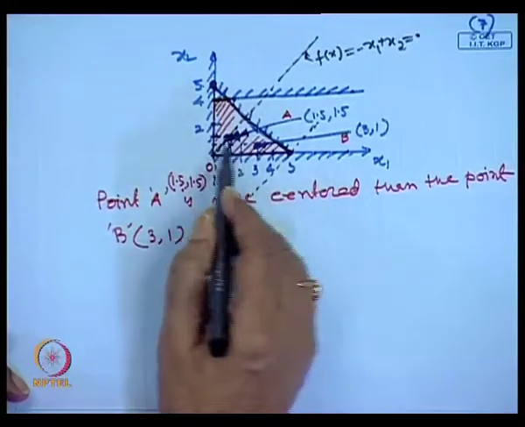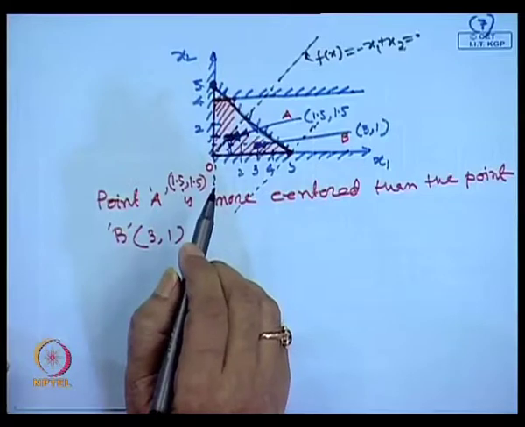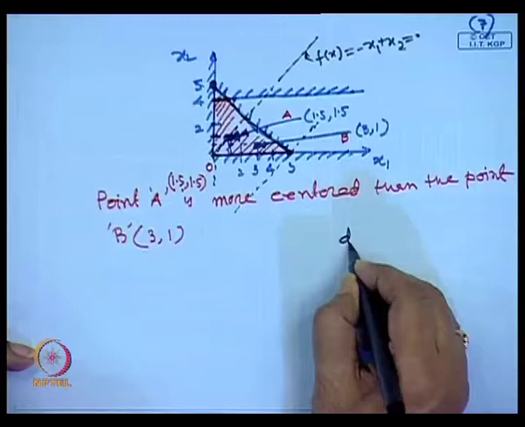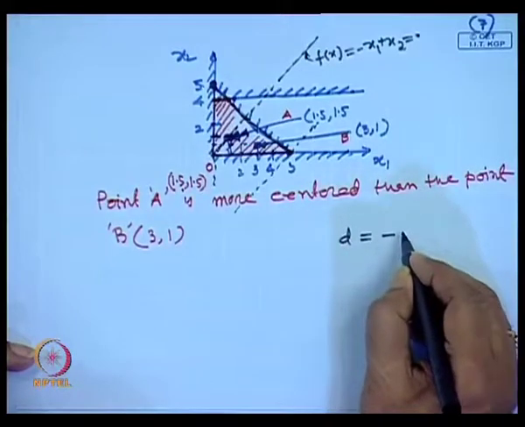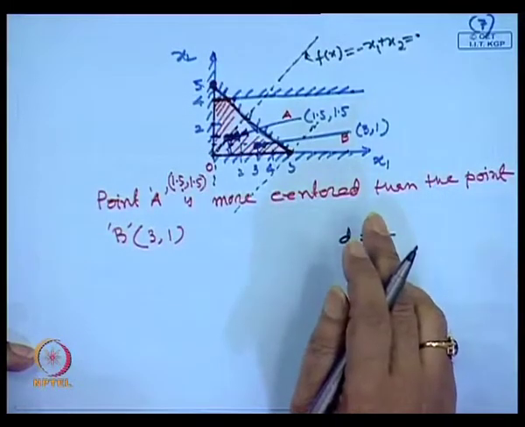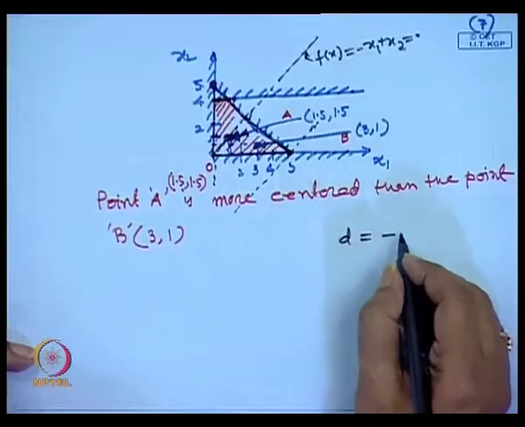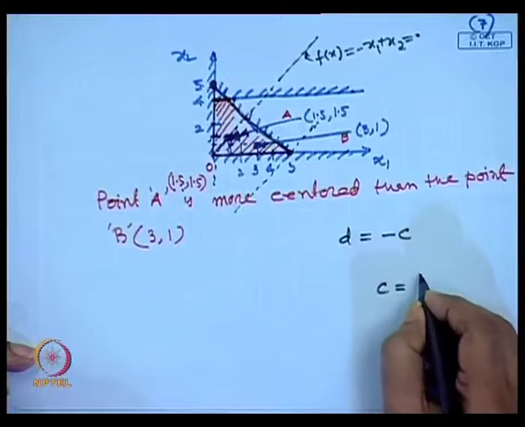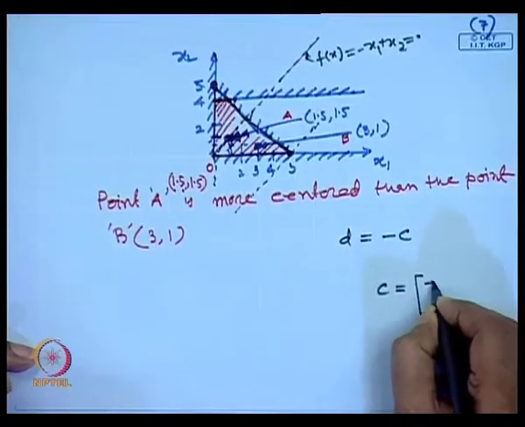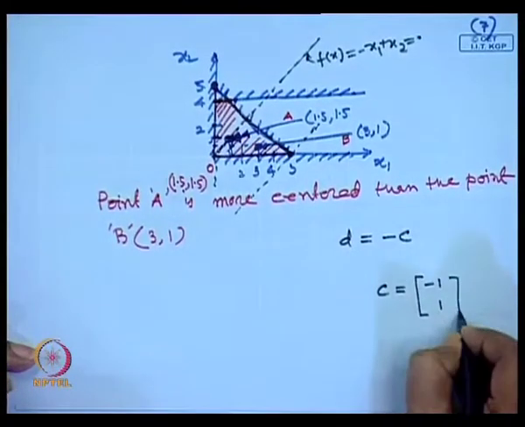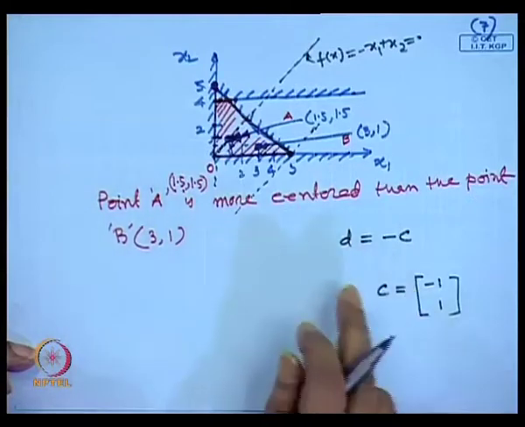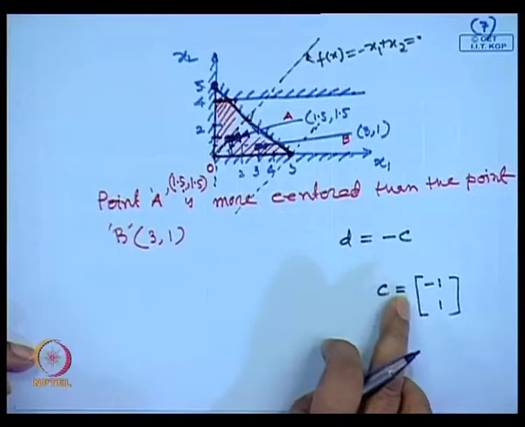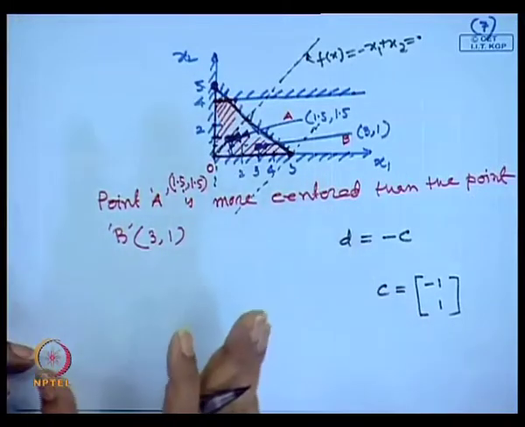then which direction do we have to move? Just now we have proved it, the choice of direction vector D will be minus C. And what is C? In our case, C is minus 1 and 1. With the minus sign multiplied, whatever vector you get, in that direction you move.